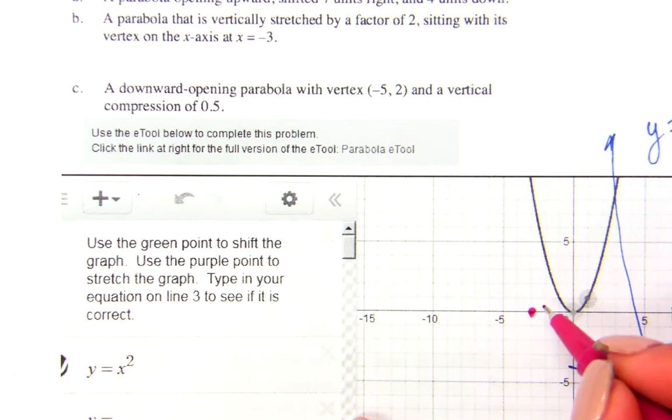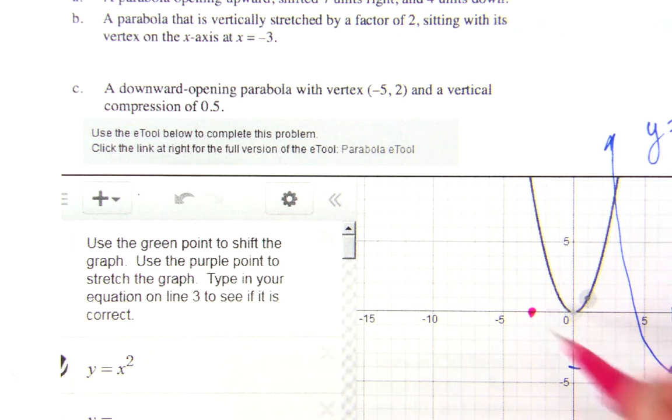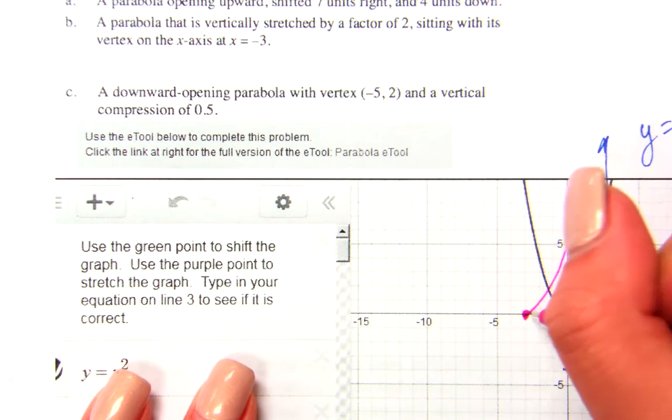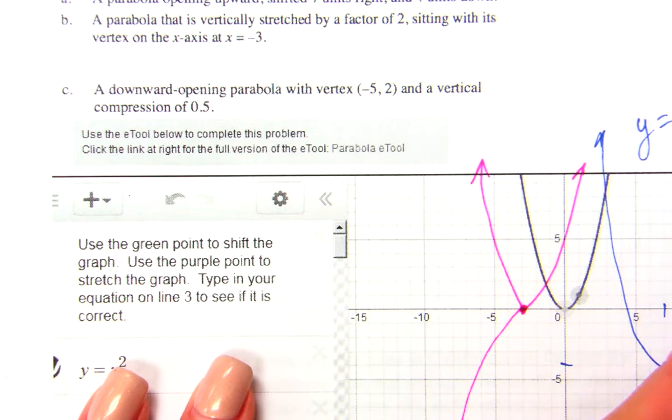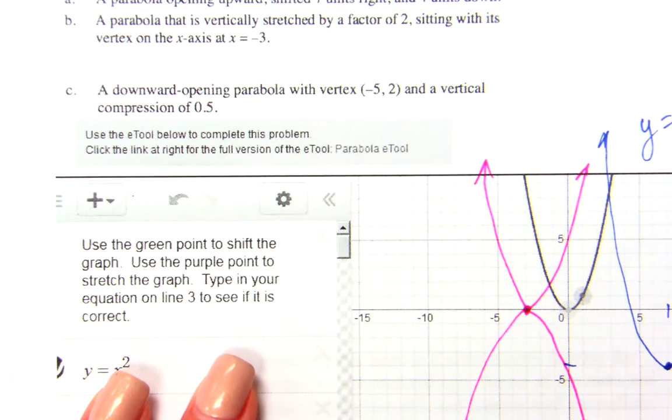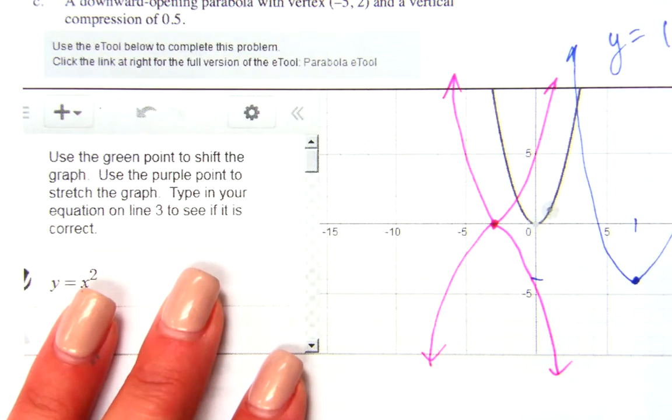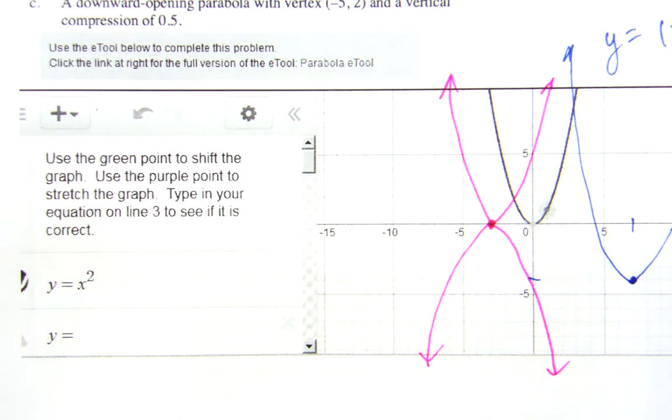Then it didn't say it opened up or down, so I guess it could be both. So we can go this way, or we can go down the other way. So either of those would be how you would draw part B. It didn't say it's going to open up or down.